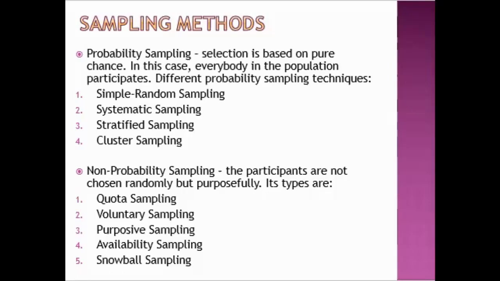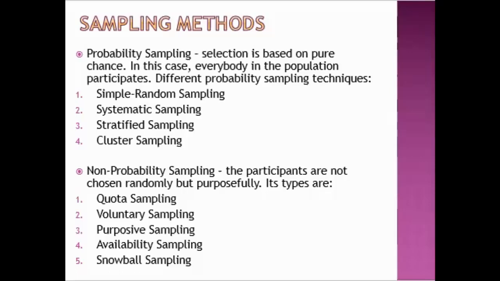For number 2, voluntary sampling, since the subjects you expect to participate in the sample selection are the ones volunteering to constitute the sample, there is no need for you to do any selection process. Kadalasan na ginagawa si voluntary sampling pag ginagawa niya yung mga online survey.